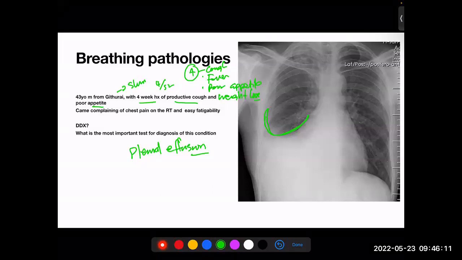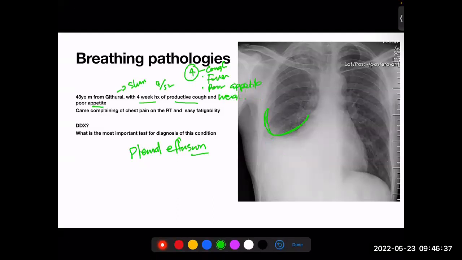So why is this not, for example, hemothorax or pneumothorax? Because the pleura is divided into the visceral pleura around the lung and the parietal pleura. The space between the visceral pleura and parietal pleura is where the fluid collects.